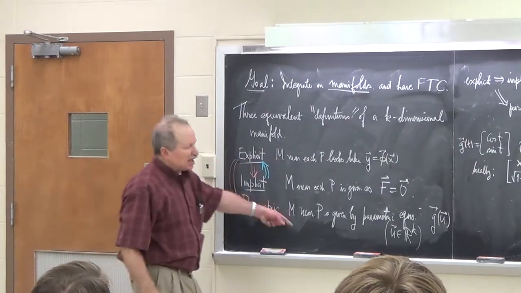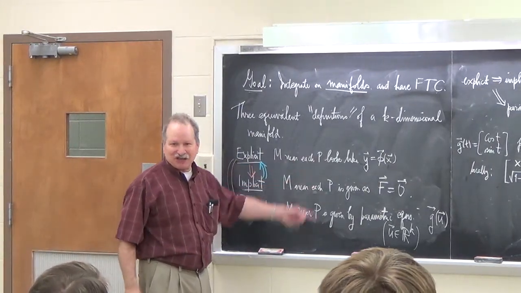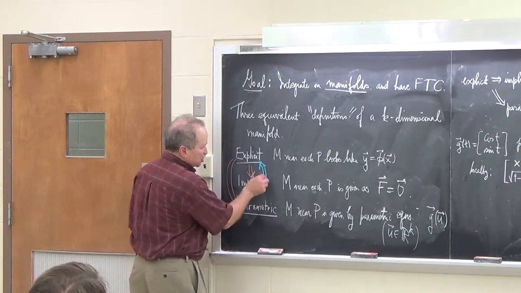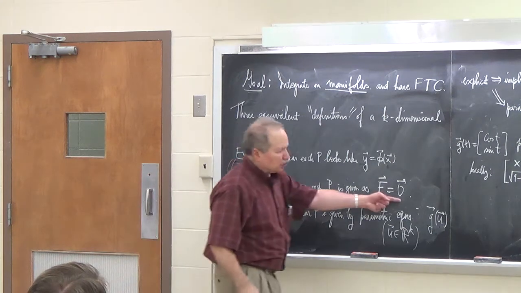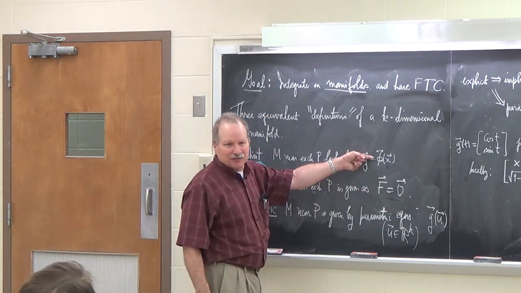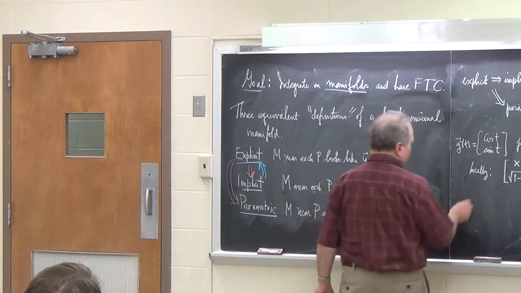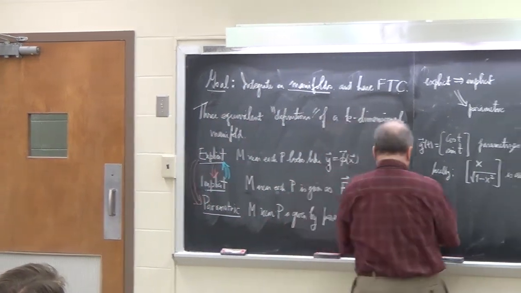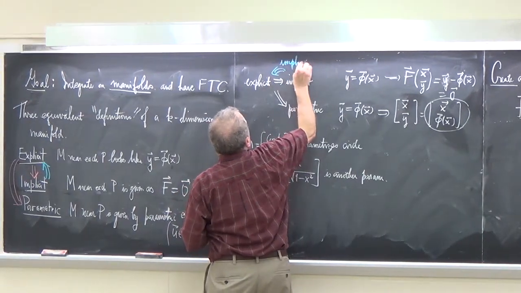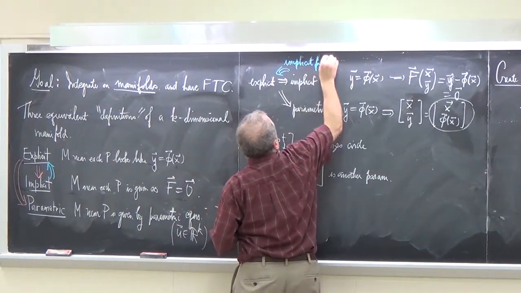So, I haven't given you any hypotheses here yet. Part of the definitions is actual hypotheses. But this direction, saying if you have f equals 0 with some hypotheses, then you can write it as a graph, that's exactly the implicit function. So, implicit implies explicit is exactly the implicit function theorem that we just did.